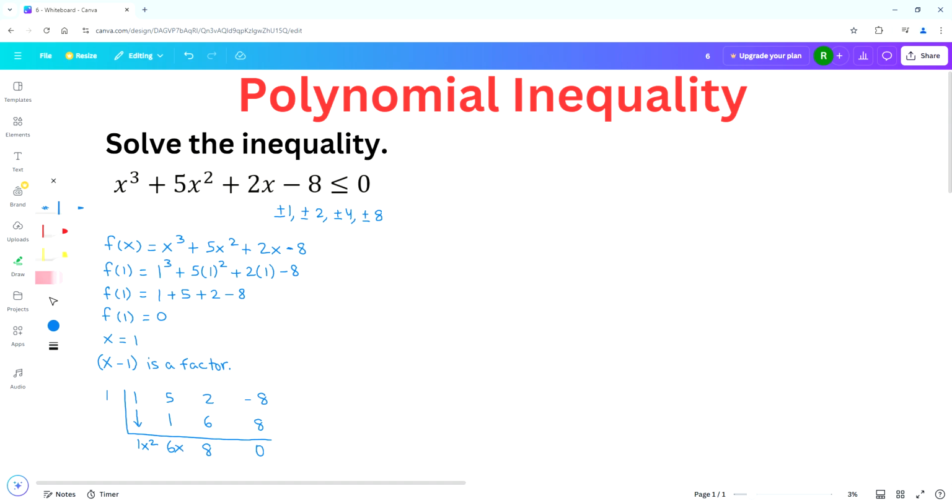So we can write the given cubic polynomial as x minus 1, the first factor we found, times the quotient of the polynomial division. This is the given inequality in partially factored form.